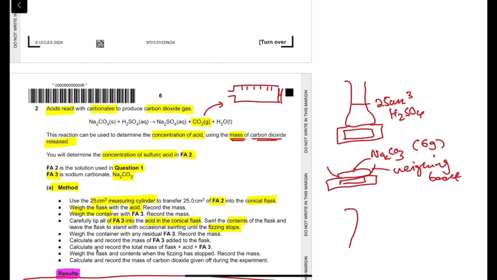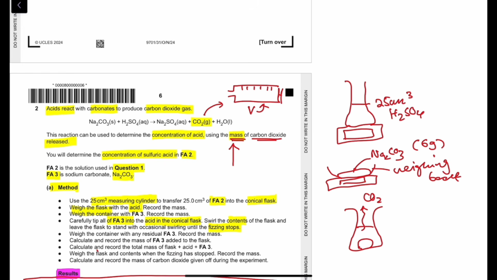So then we're going to add our sodium carbonate to our flask, and some fizzing is going to take place because CO2 is being produced. Now in this experiment we're using mass of carbon dioxide released rather than the volume like we would using a measuring cylinder.